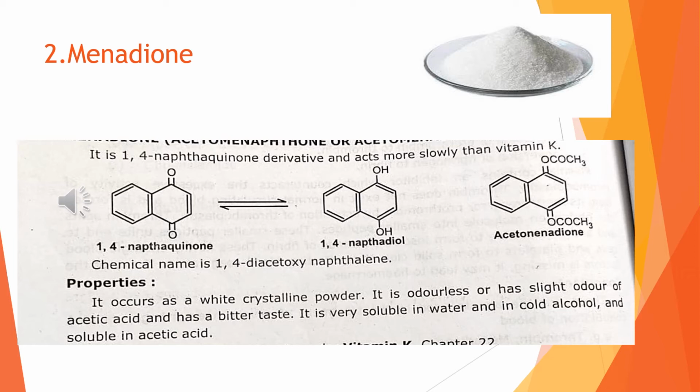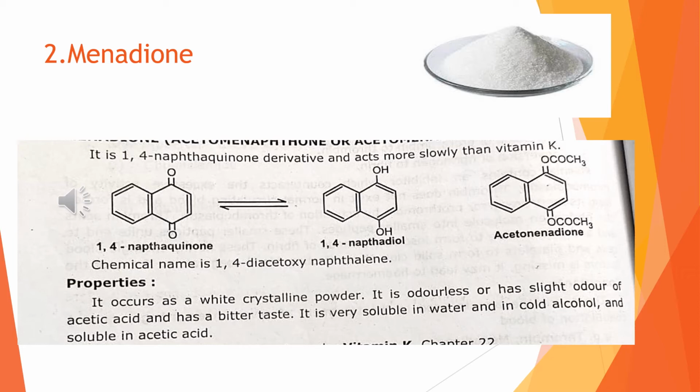First, it occurs as white crystalline powder. As you can see in the slide also, there is a picture of a white crystalline powder. Next, it is odorless. Odorless means it doesn't have any smell or aroma, no fragrance and no bad smell either.